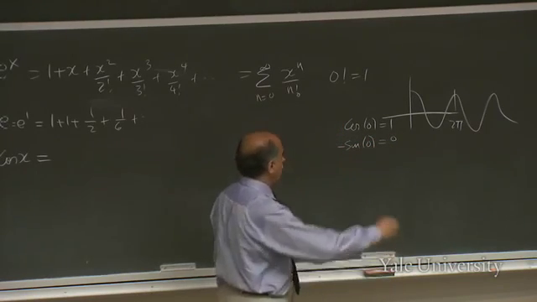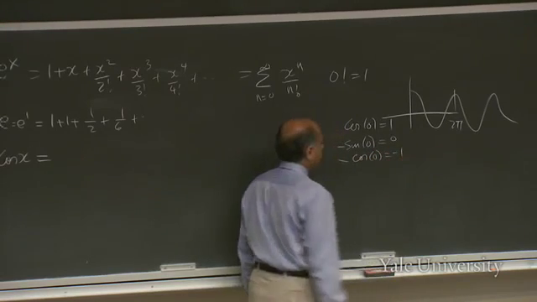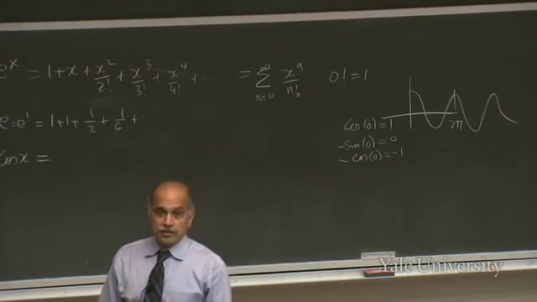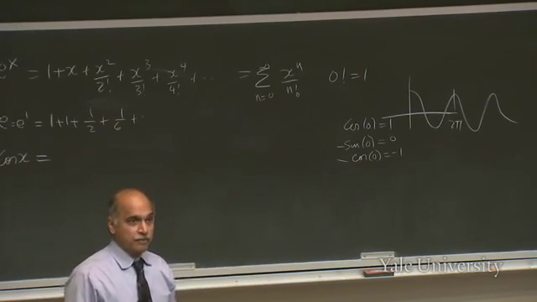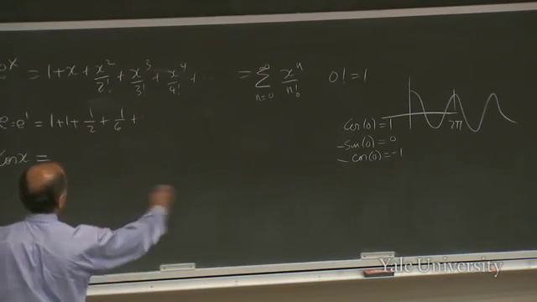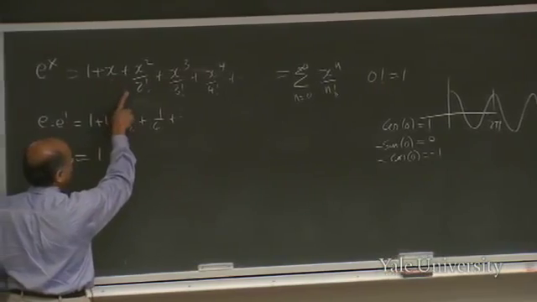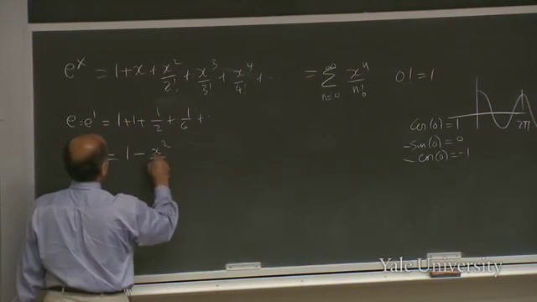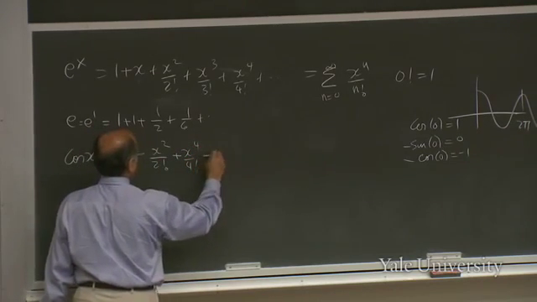You take one more derivative, you get minus cosine 0, which is minus 1. And I think by now you get the point. Every other derivative will vanish, and the remaining derivatives will alternate in sign from 1 to minus 1. That means if you crank it out, you will get 1. You won't have anything linear in x because the coefficient of that is sine 0, which vanishes. Then you'll get x squared over 2 factorial plus x to the 4 over 4 factorial, and so on.